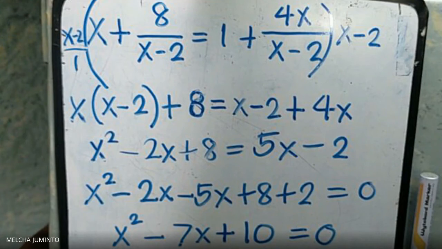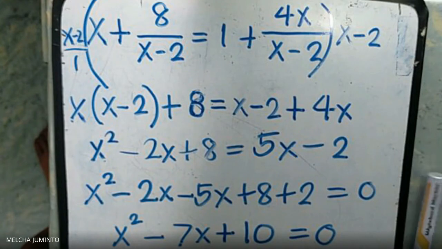Let us take, for example, on page 90. A rectangular table has an area of 27 square feet and a perimeter of 24 feet. What are the dimensions of the table? In this problem, you always take note that there are two important terms to be taken into consideration.